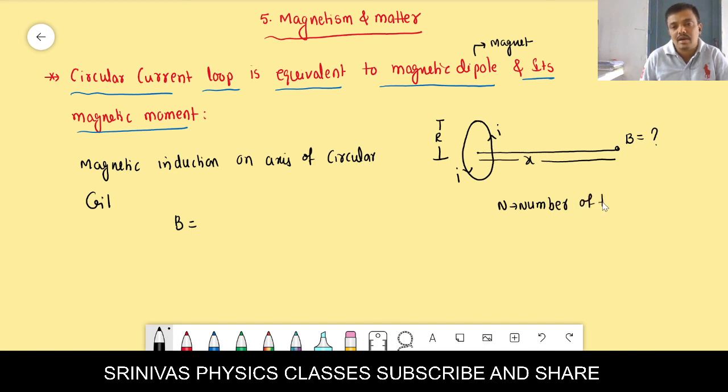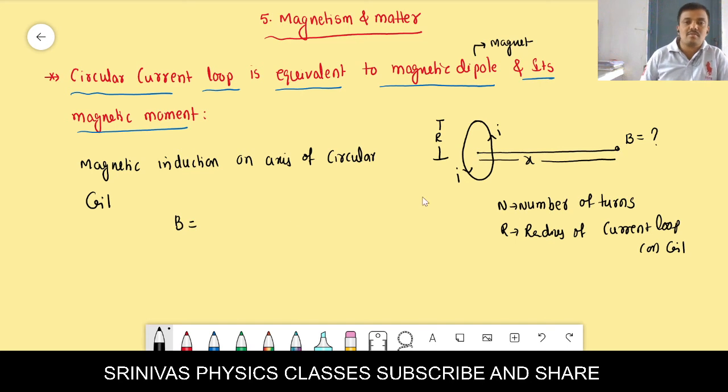Capital N is the number of turns, capital R is the radius of the current loop or the coil. X is the distance from the center of the coil where you want to find the magnetic induction.